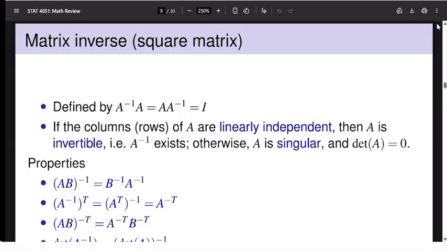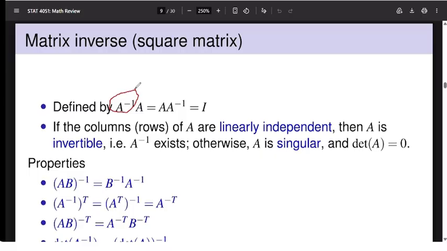If I want to find the inverse of a square matrix, it has the same number of rows and columns. What is the notation for inverse? If I have a matrix A and I want to find the inverse, the notation is this. Do you know what this means? That is the inverse of matrix A.